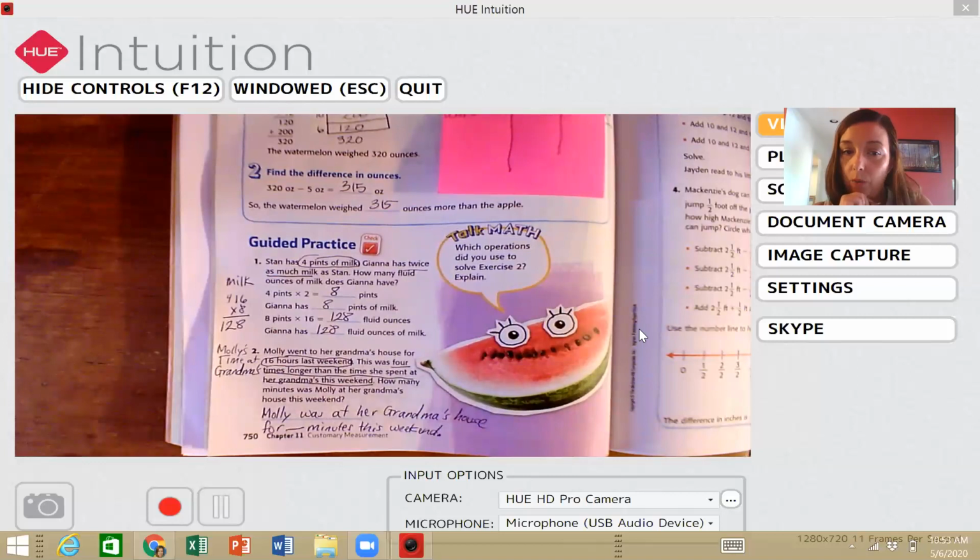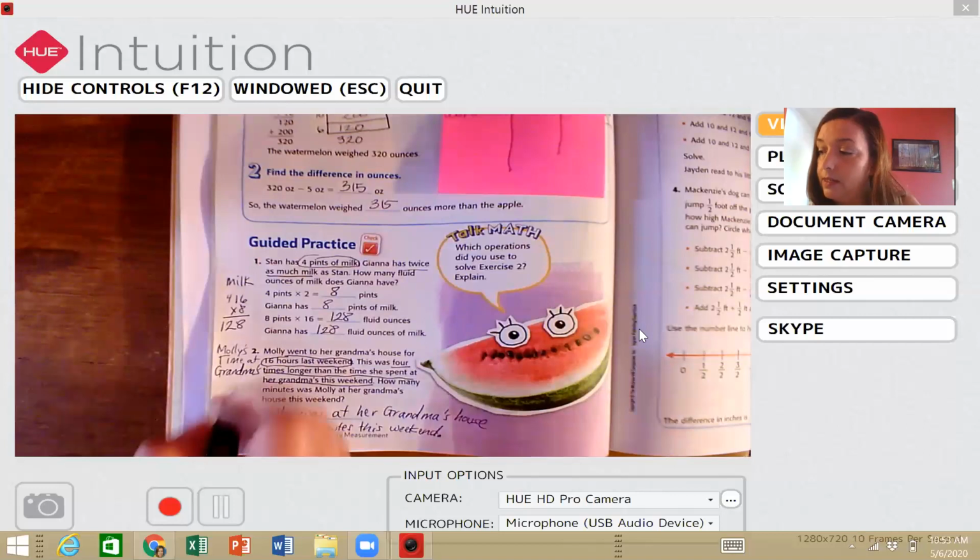So now what we're going to do is first we're going to figure out how many hours she was at her grandma's house this weekend. And then we have to convert those hours into minutes. So the problem says that last weekend she was there for 16 hours, but that's 4 times longer than the amount she was there this weekend.